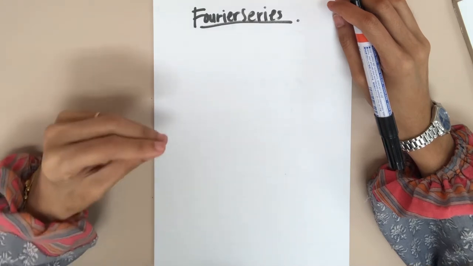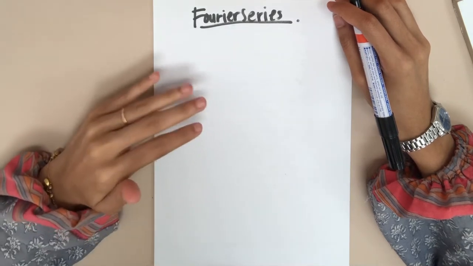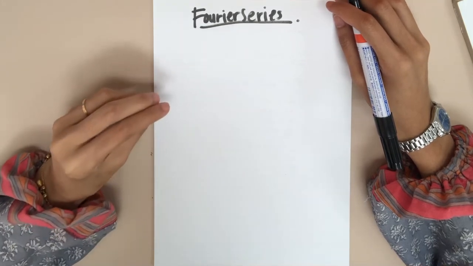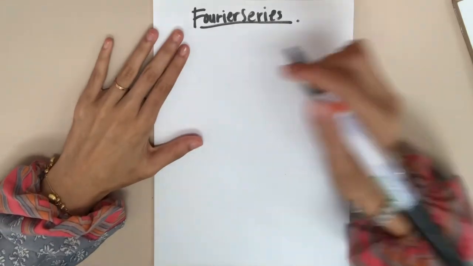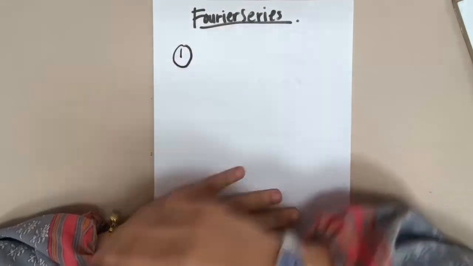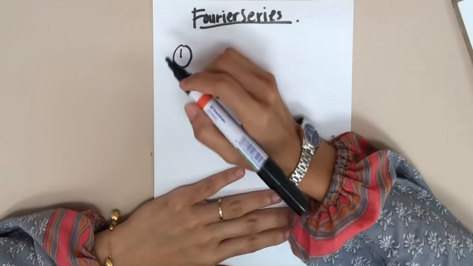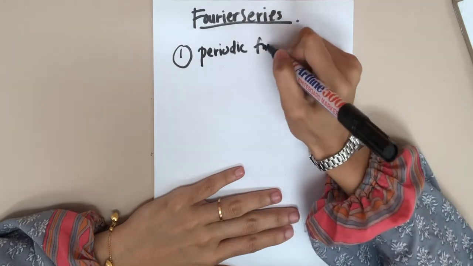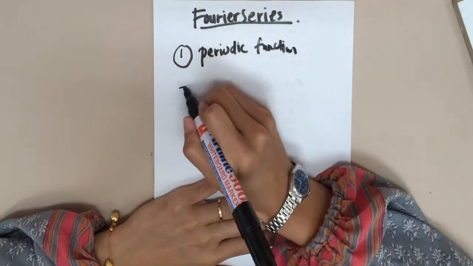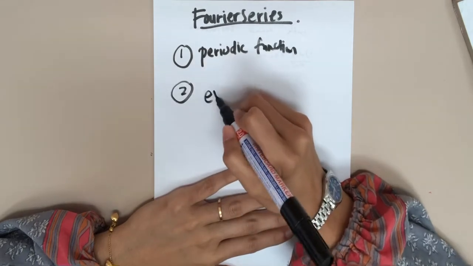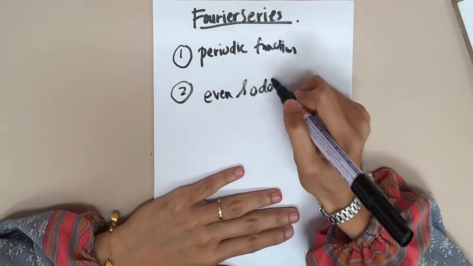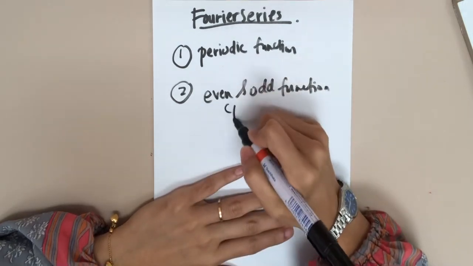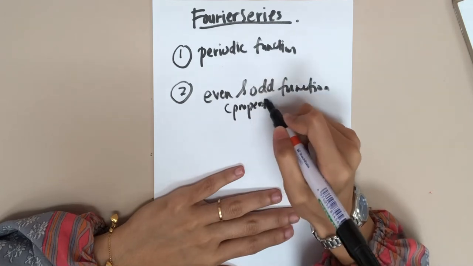deep into these topics, I will first list down the other topics that lie in this chapter. The first topic that we will cover in this video is what is a periodic function. After that we will proceed to the even and odd function, and under even and odd function, of course, they have basic properties.